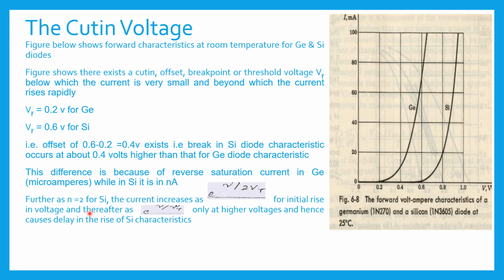Further, as eta is equal to 2 for silicon, the current increases as e raised to V by 2Vt for the initial rise in voltage, and thereafter as e raised to V by Vt only at higher voltages, and hence causes a delay in the rise of the silicon characteristics.